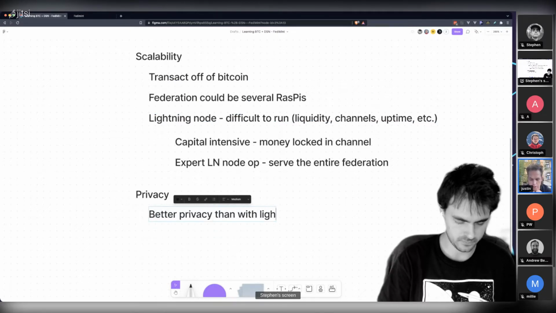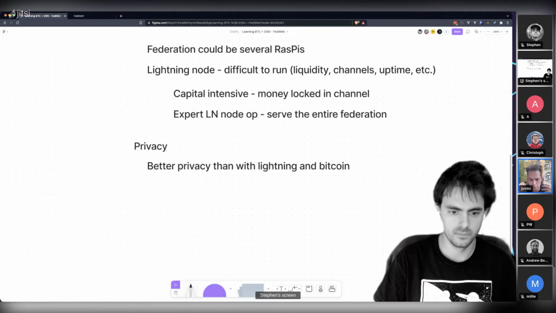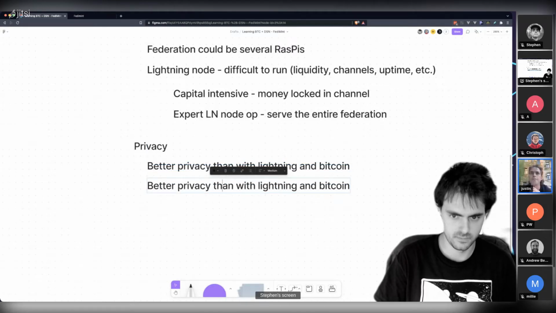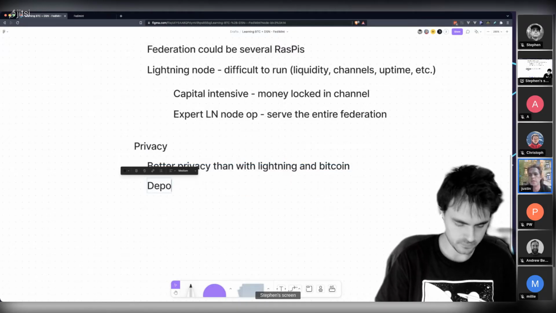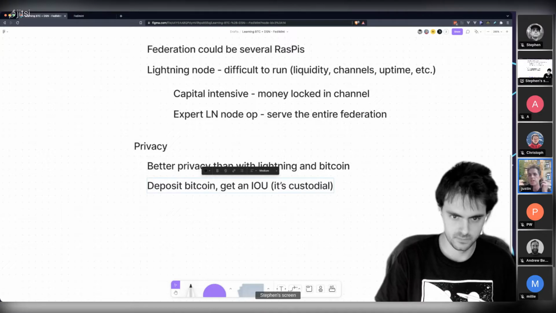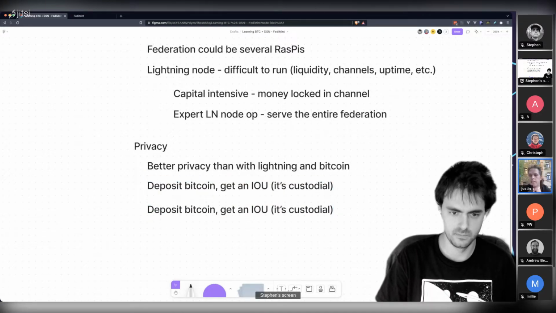You don't need to know too much about it, but I'll give a simple example. How FediMint works is users deposit money into it and can withdraw from it. So it's custodial. When you deposit money into it, you get an IOU. The IOUs have an interesting property: let's say I deposit and get an IOU, and Steven deposits and gets an IOU.